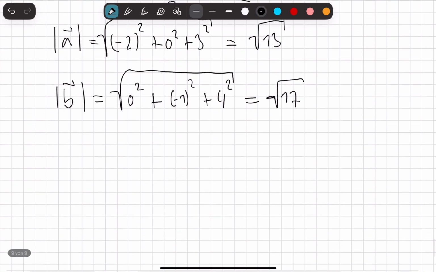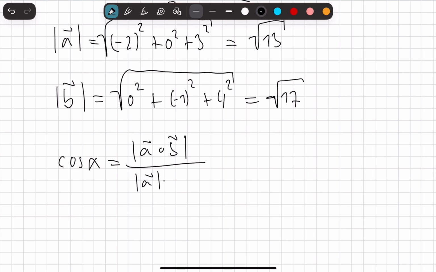And then we have to plug in again, so I write it down one more time, over the length of the vector a times the length of the vector b.